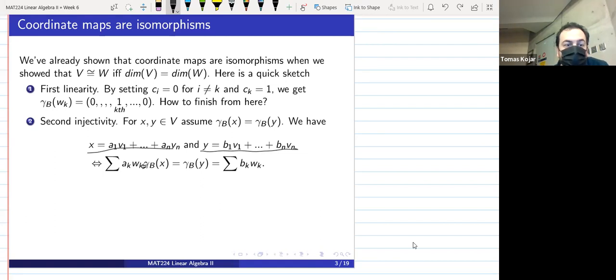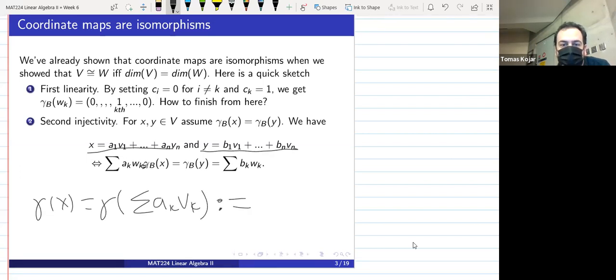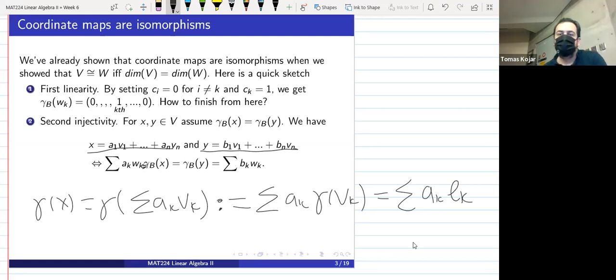You have gamma of x equal to gamma of this linear combination. By definition, this is equal to the summation of ak gamma vk, so let's write ek here. And then the same thing for gamma y, which we assume is equal.